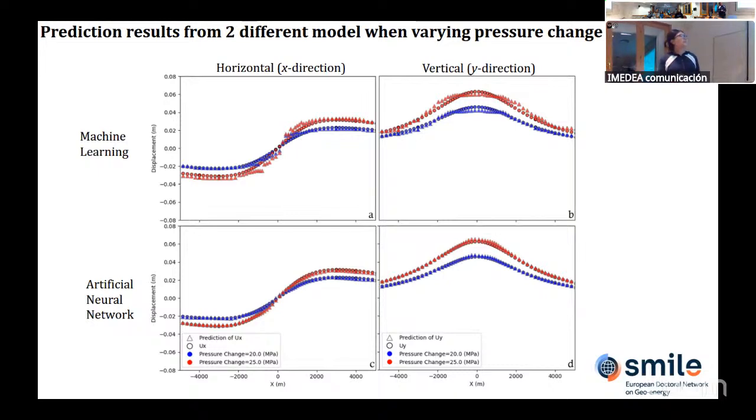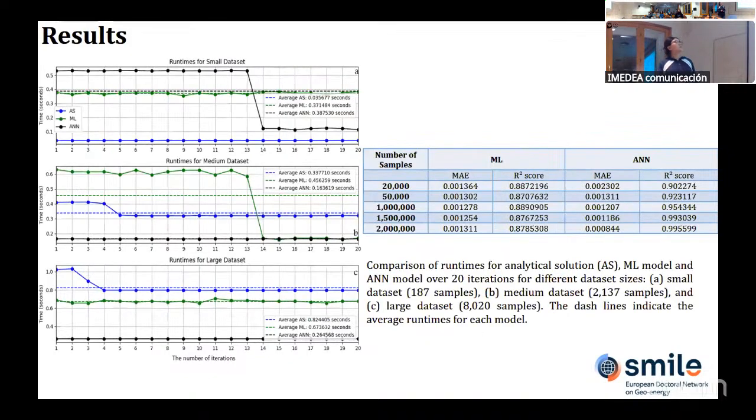And this is another result we have for comparing the performance. The left side shows the runtime when we're testing different approaches on different sizes of the data set. When the data set is really small, we can just use the analytical solution to run all the calculation, and it's very fast.